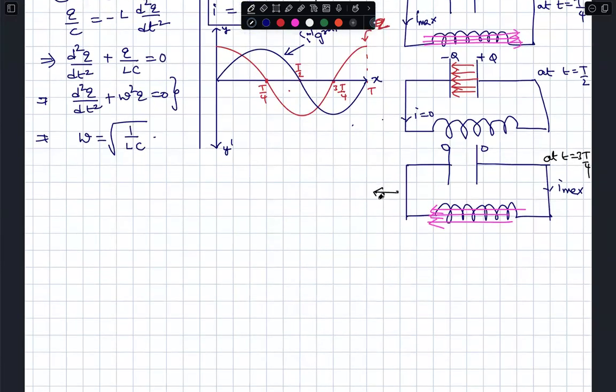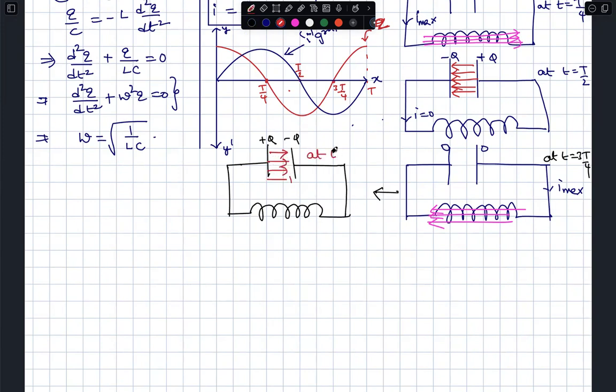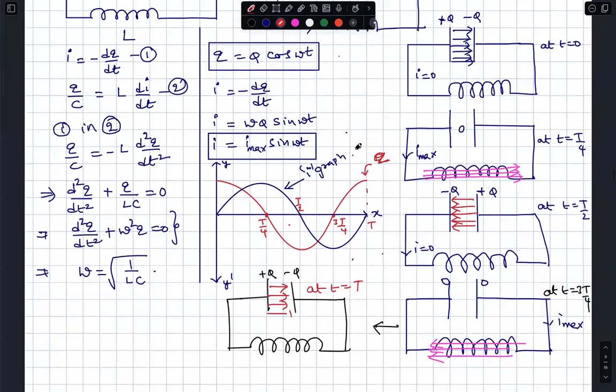And again, you will reach the condition same as the initial condition, and the total electric field is restored at t is equal to T. This is what happens in one cycle.